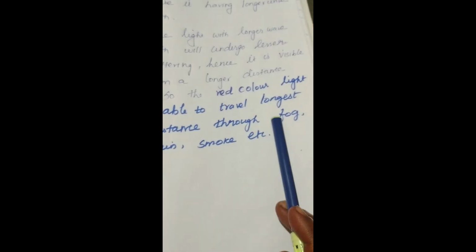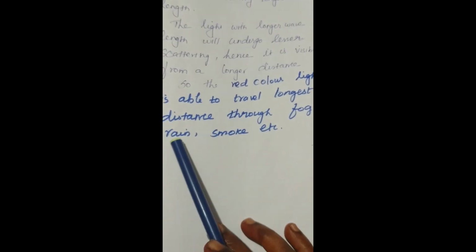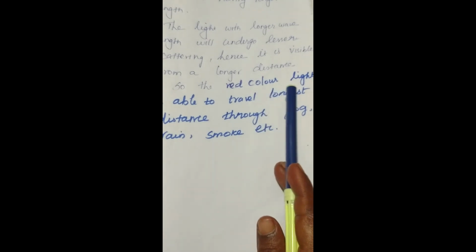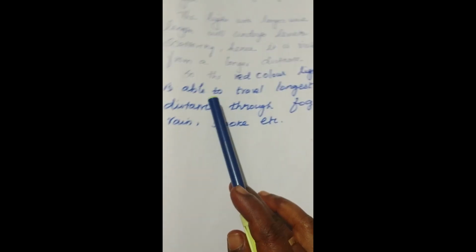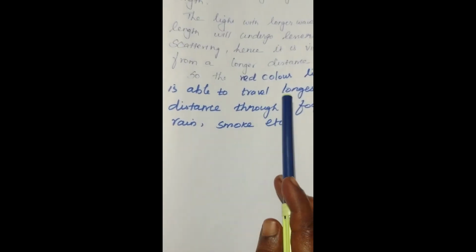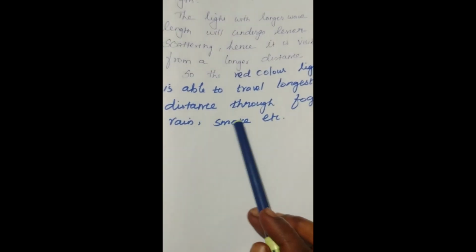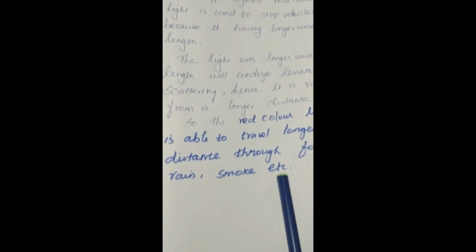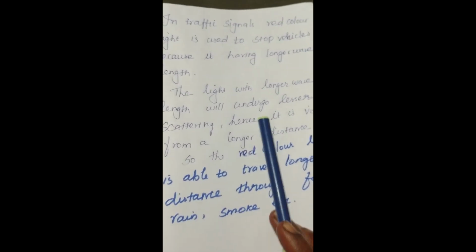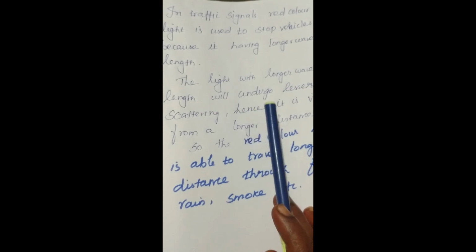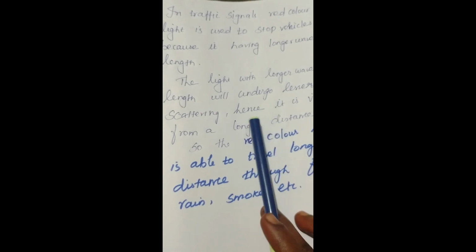So, last paragraph, red color light is able to travel longest distance through fog, rain, smoke, etc. Okay, please write down this answer in your class note. Along with that the problems you have to write this answer.